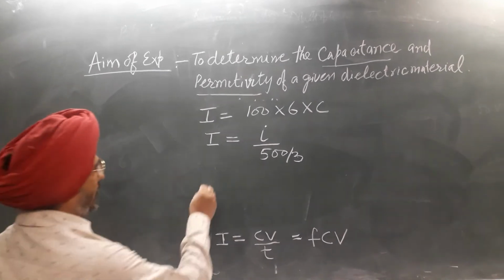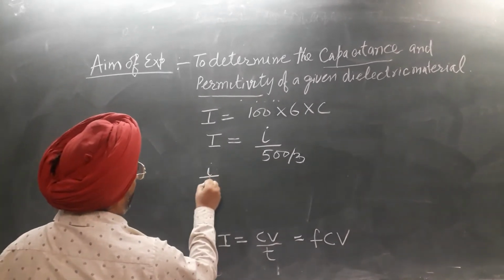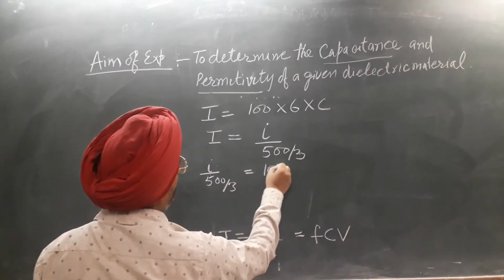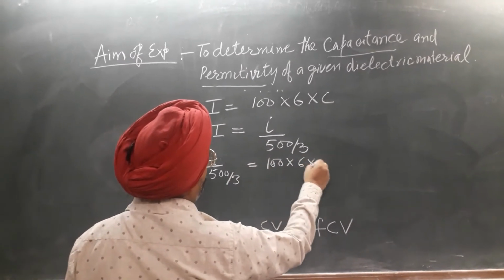Putting this value, I upon 500 by 3 is equal to 100 into 6 into C.